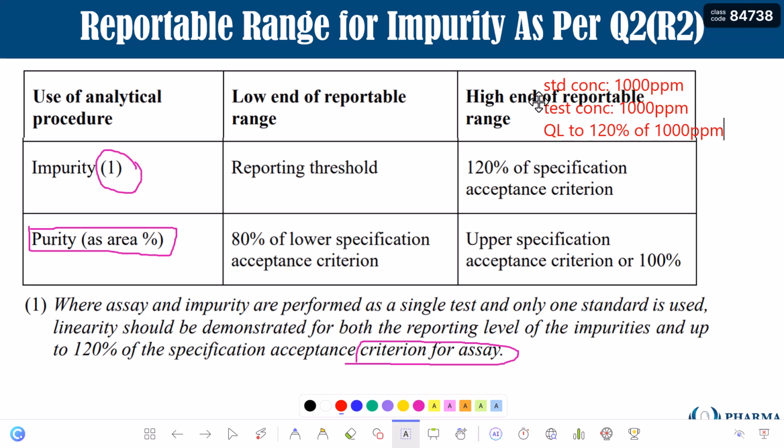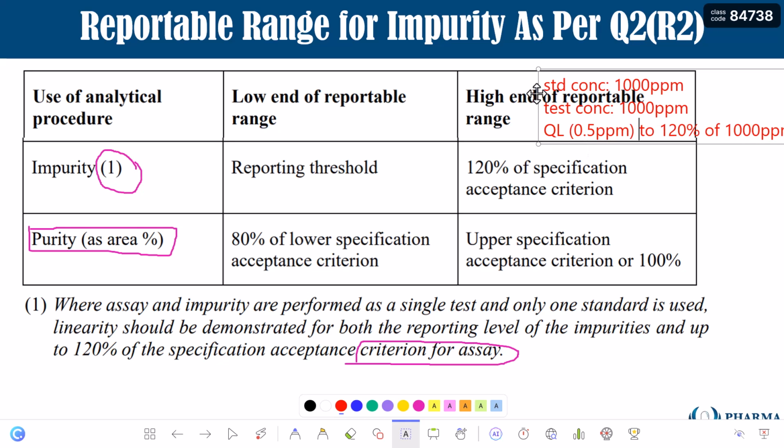So I need to define the range of linearity from quantitation limit to 120% of the sample concentration, and this is only applicable for the drug substance. This need not be studied for impurities. That has been discussed. This is only for unknown impurities. This is only for the linearity to be studied for the drug substance. Okay, so quantitation limit could be, maybe we talked about 0.5 ppm, right?